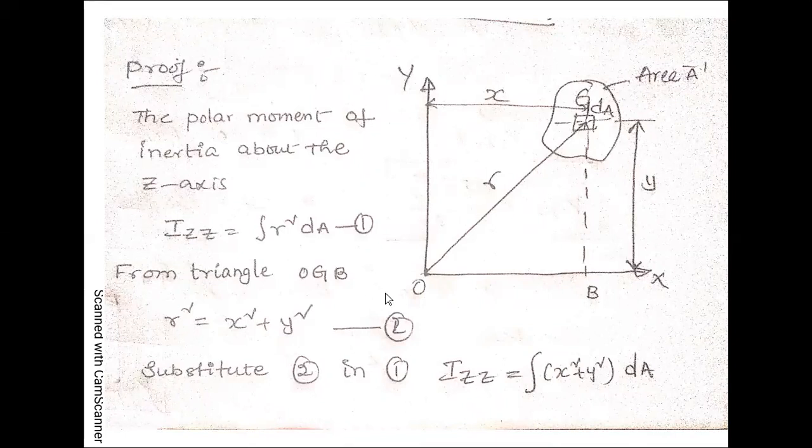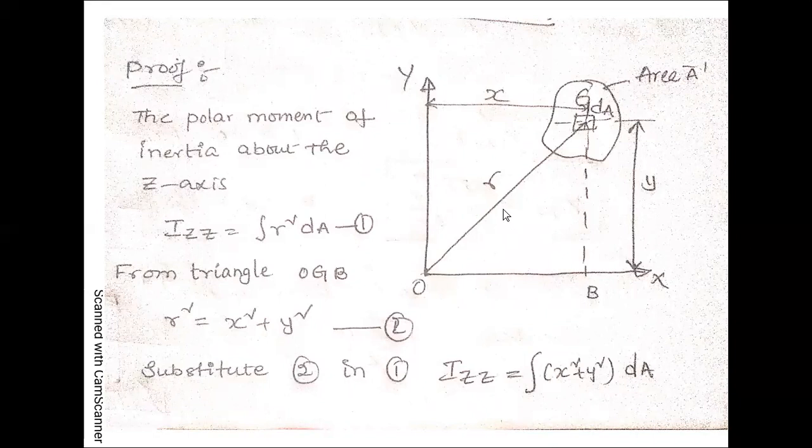Now if you take the triangle OGB, from the Pythagoras theorem we can write r square is equal to y square plus OB square, where OB is nothing but x. So simply r square is equal to y square plus x square.